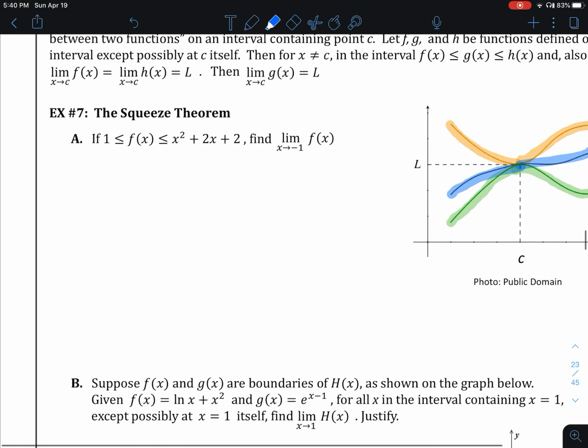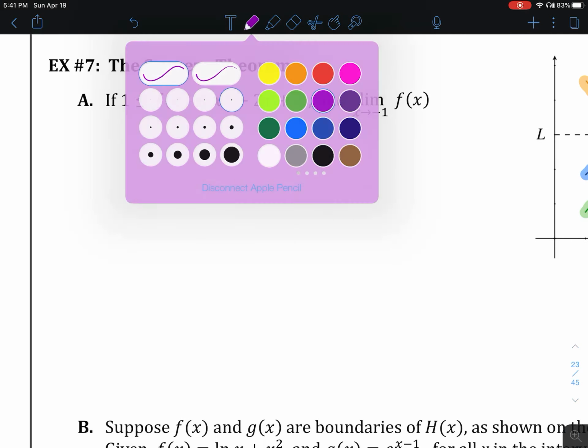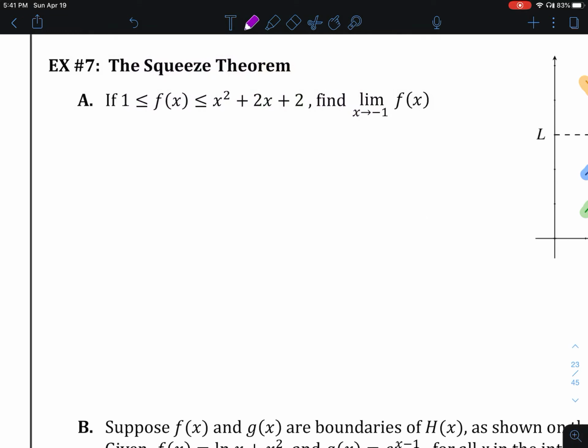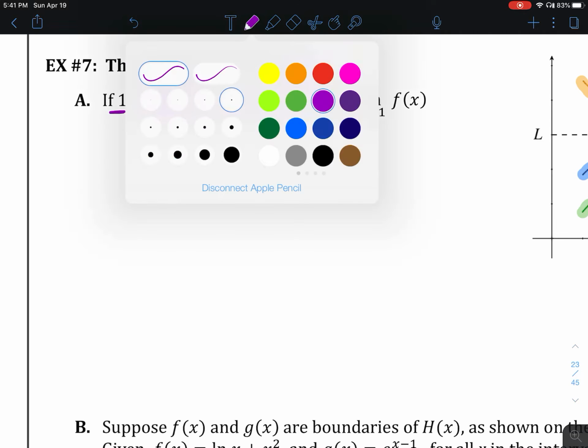So that's it graphically. An easy example of that would be example A on page 39. It says if f of x is between 1 and x squared plus 2x plus 2, find the limit as x approaches -1 of f of x. What we're looking at here is a function f caught between these two other functions.